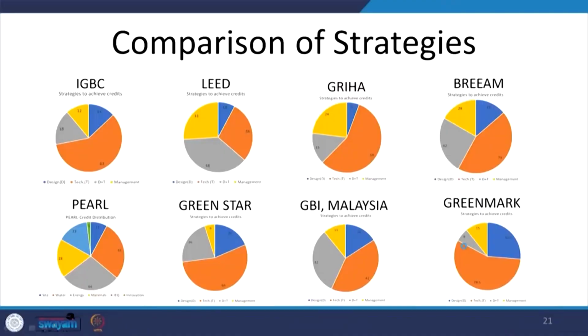So, if we look at the comparison of strategies, we see that across the world different green building rating programs place a greater emphasis on the technology. So, a lot of technological strategies, technology based strategies are used to certify and design and have high performance green buildings.